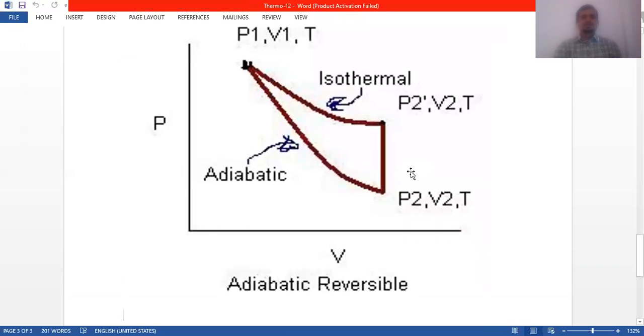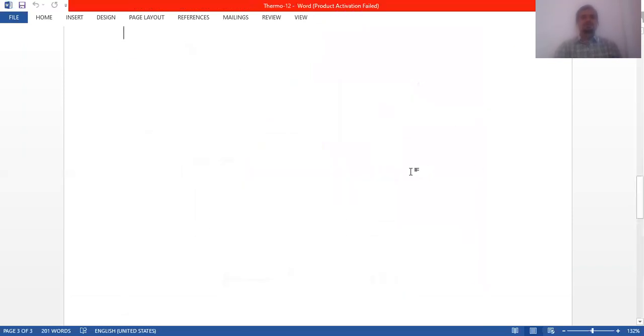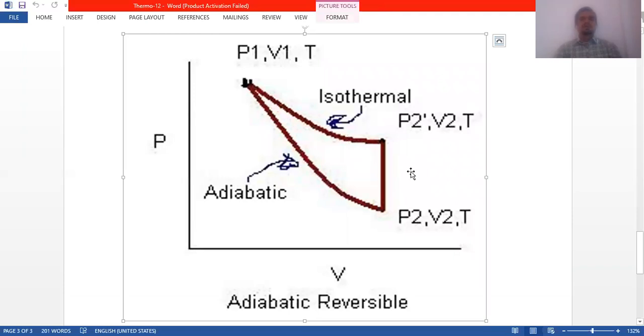By using this graph, we can also understand the adiabatic reversible process, the adiabatic conditions and the isothermal condition. If you have any queries or any problem with this Google Classroom, you can place them in the comment section also. So thank you.